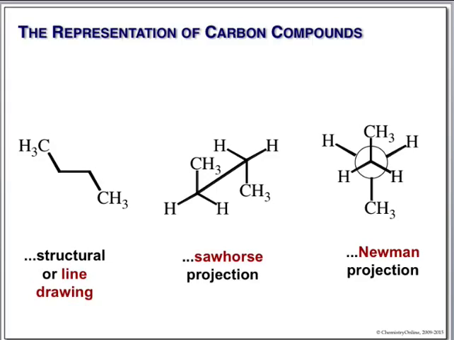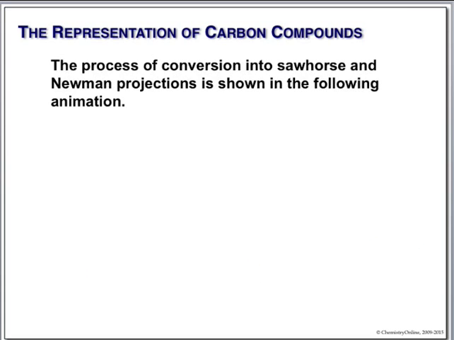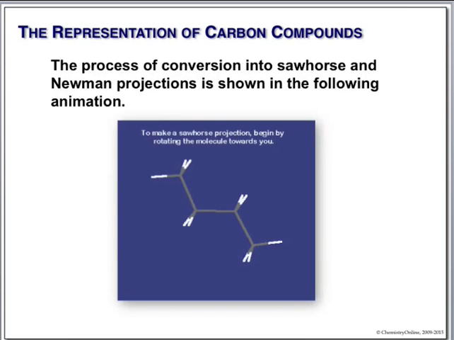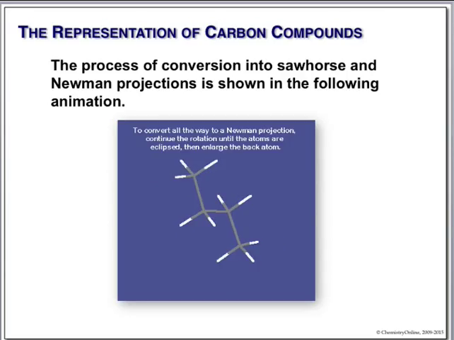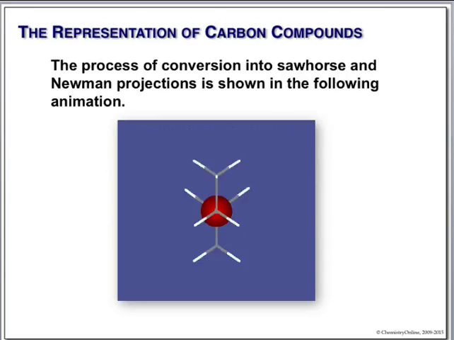The process of going from this to this, I made a little movie just to show it. Here we start off with our drawing model. Okay, it's supposed to run. There it goes. Now we're at the sawhorse.